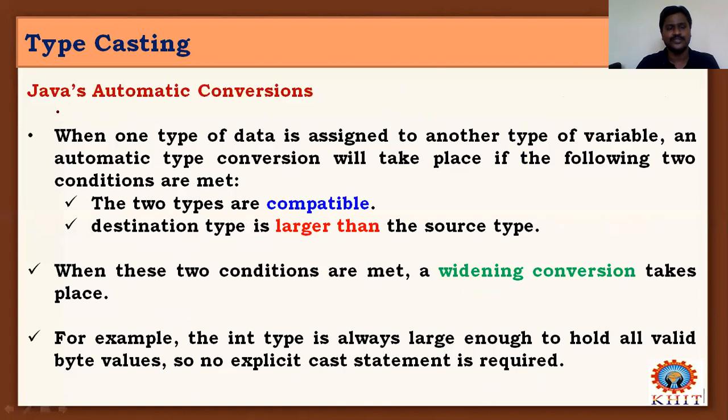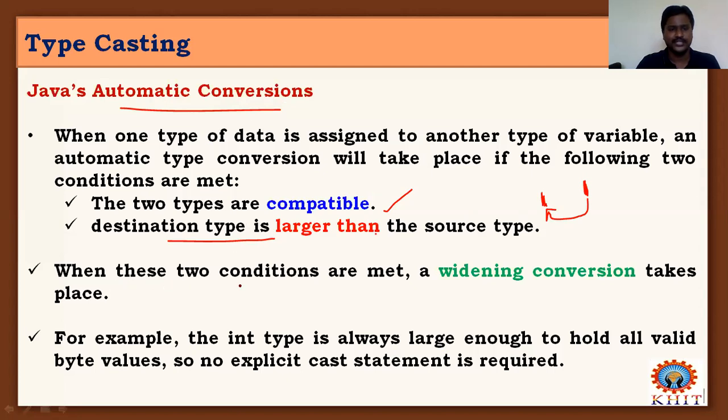Now coming to the first thing, Java automatic conversions. When one type of data is assigned to another, the two types should be compatible and the destination type should be larger than the source type. That means int to double or int to long. Int is a smaller type and long is a larger type, so smaller to larger is always possible, compatible, and automatic conversion is allowed.